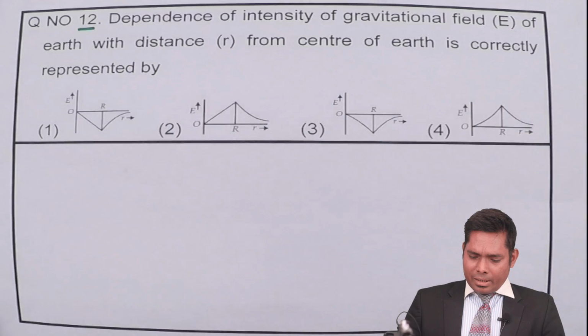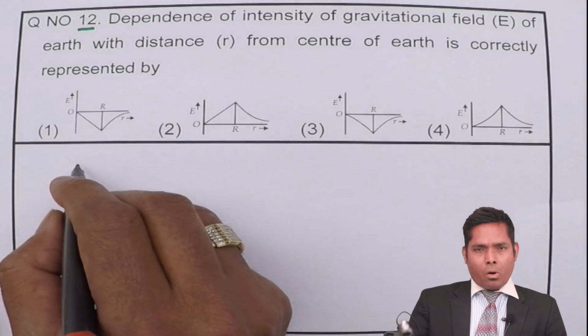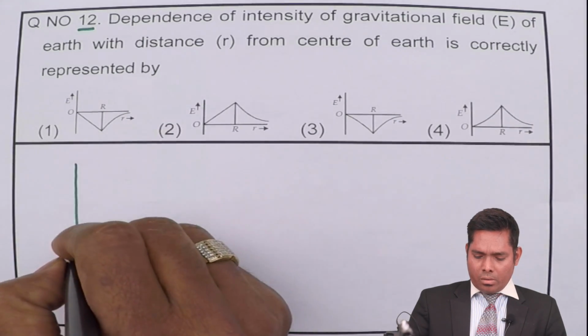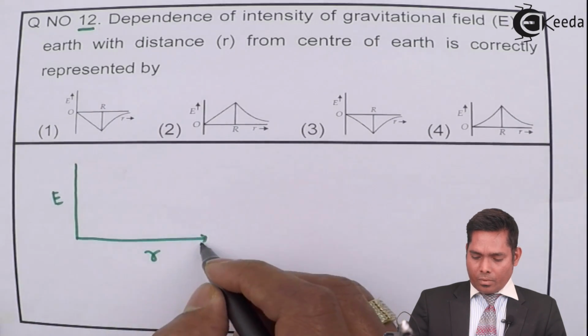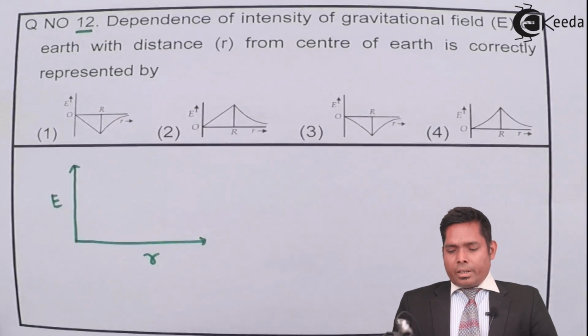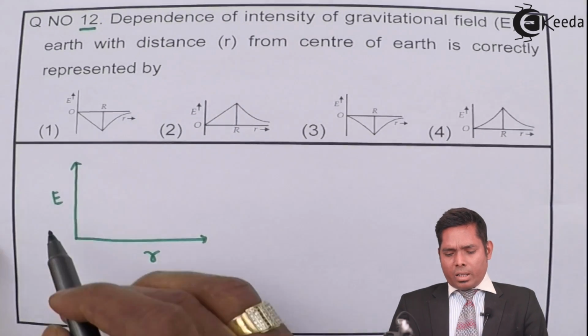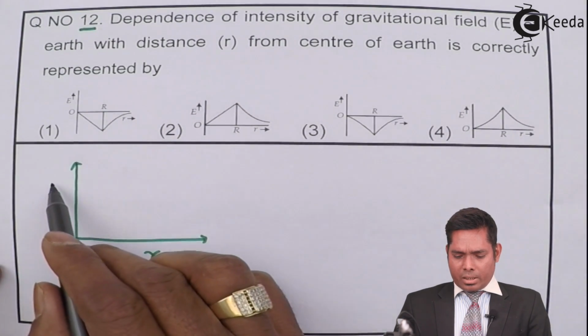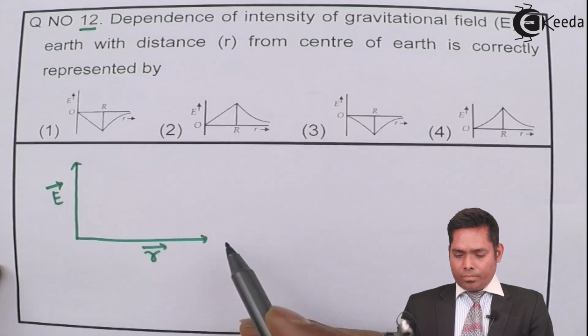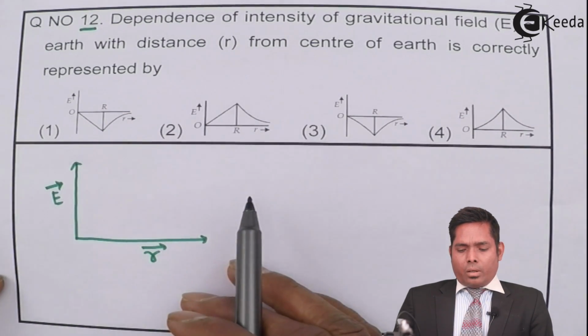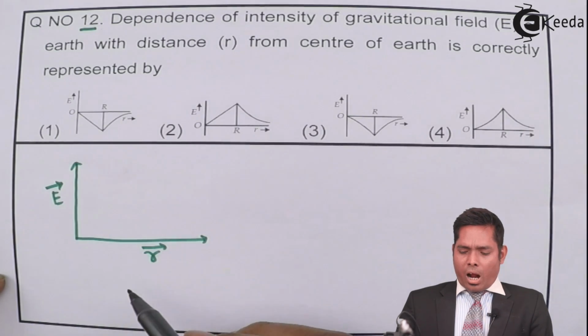So what is happening is actually you have to plot the graph of E versus R. The intensity of gravitational field, you have to take in this axis in vector form, and this in vector form. From the center you have to start.